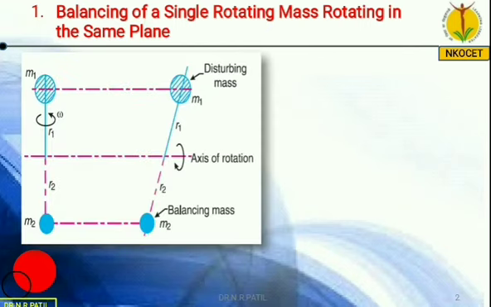This figure shows a disturbing mass m1 and a balancing mass m2. The disturbing mass is at a distance of radius r1, so this is r1, and the balancing mass is at a distance of r2.